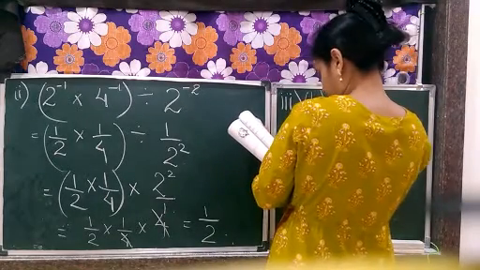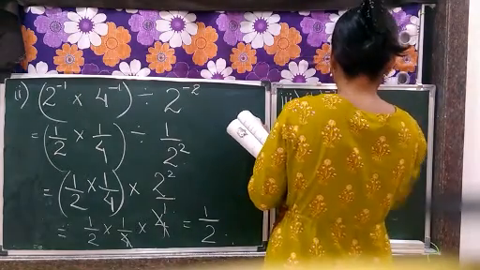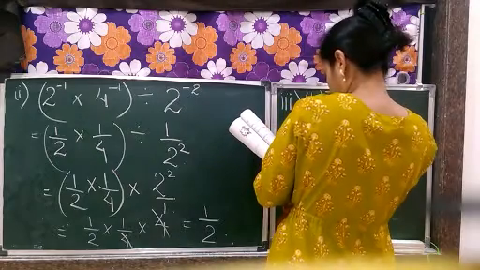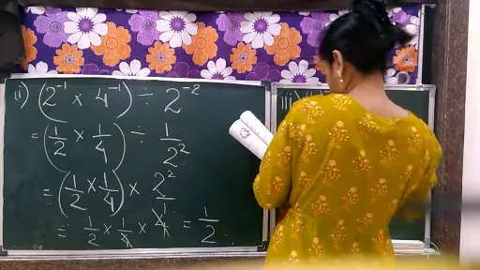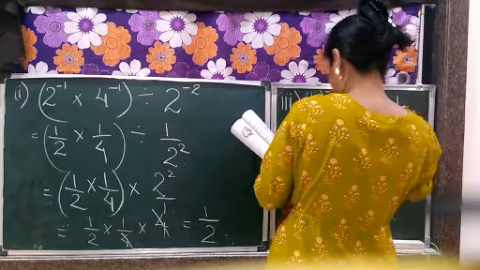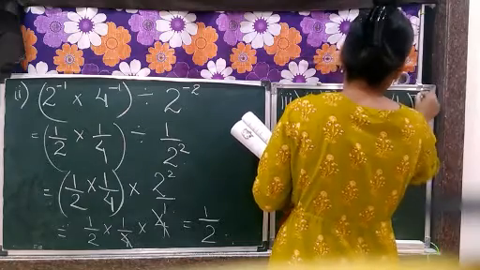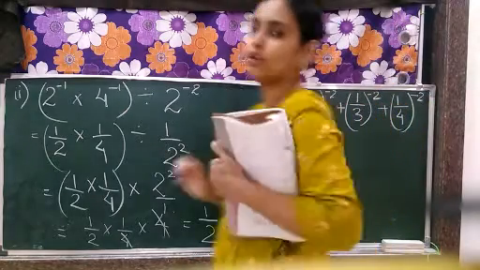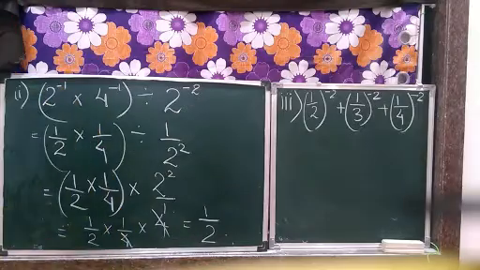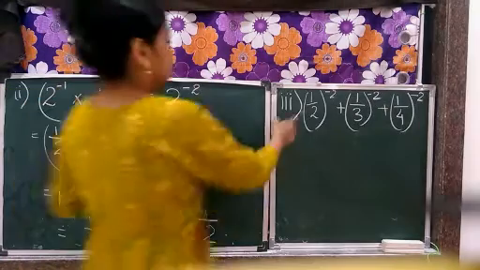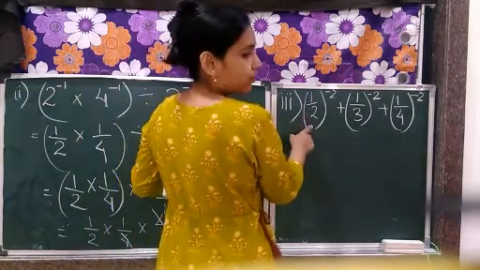Raised to minus 2 plus 1 by 3 raised to minus 2 plus 1 by 4 raised to minus 2. So first and foremost we are going to make the exponents positive, okay, by writing the reciprocal of the given fraction.